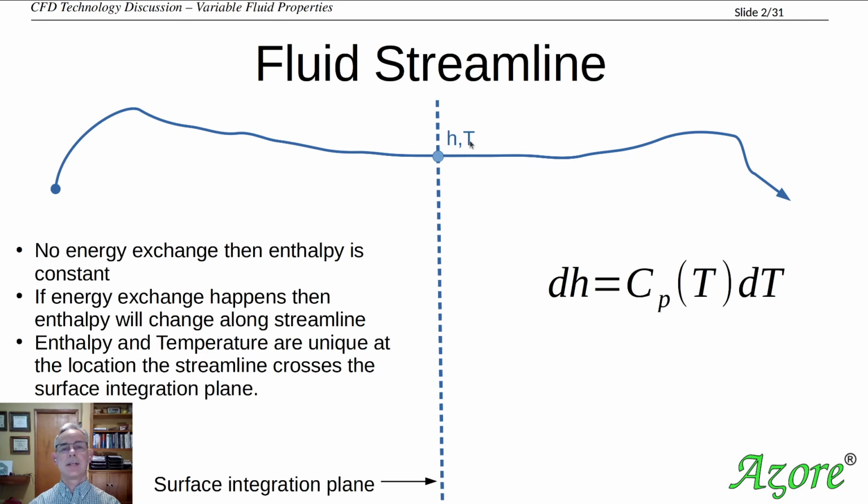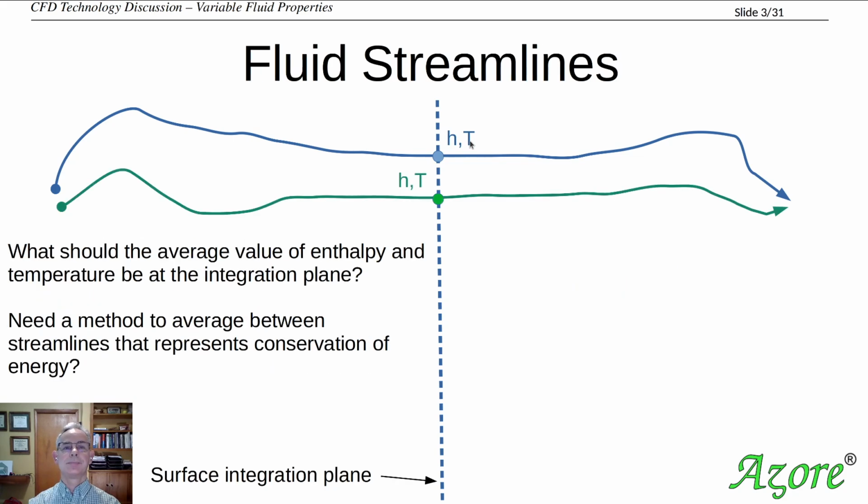But in our CFD simulations, we often have many fluid path lines. And here we have another system where the system that we might be interested in evaluating is basically two packets of mass. And they travel along, and then they eventually will pass the integration plane.